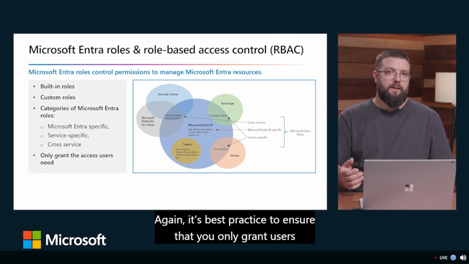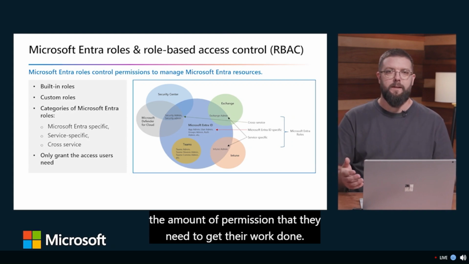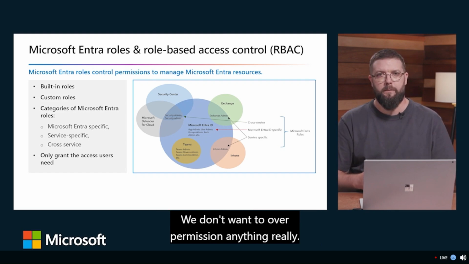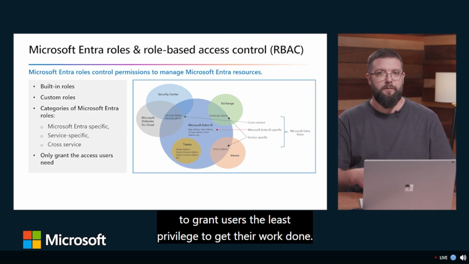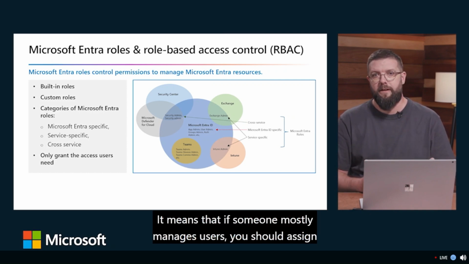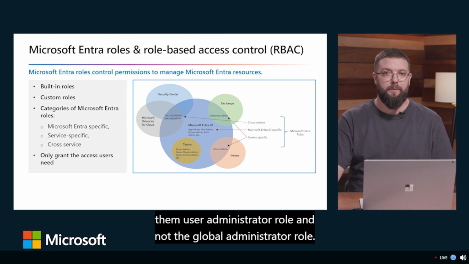Again, it's best practice to ensure that you only grant users the amount of permission that they need to get their work done. So we don't want to over-permission anything, really. So it's best practice and more secure to grant users the least privilege to get their work done. So it means that if someone mostly manages users, you should assign them user administrator role and not the global administrator role.